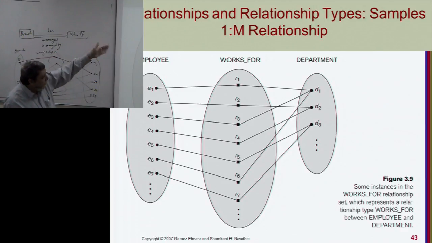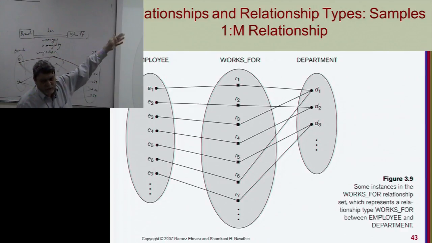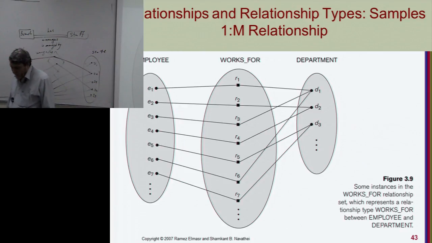So we don't care, but we always write it like this, 1 to many, regardless which is the one, which is the many. Some people use 1 to n instead of m. Some others use 1 to star instead of m, which means many as well. So all of these are acceptable abbreviations.